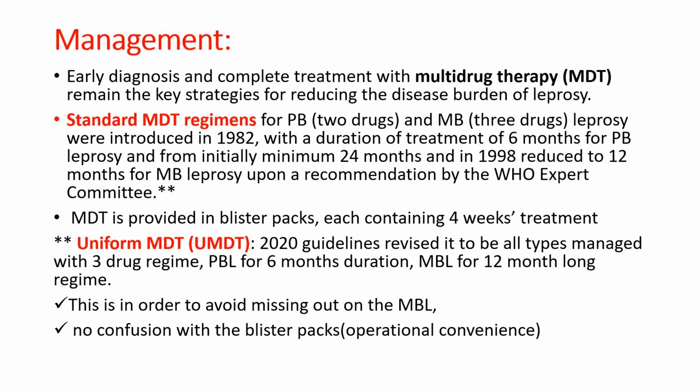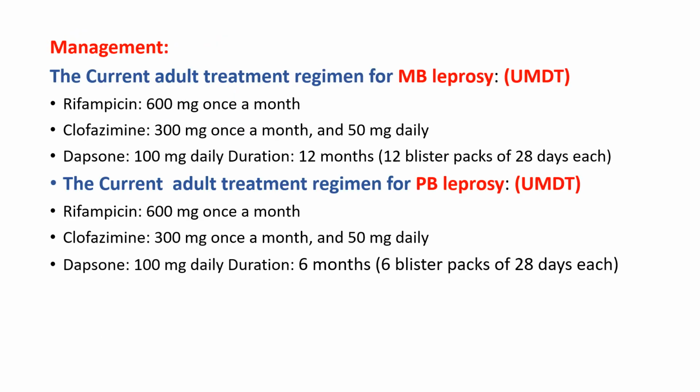Paucibacillary leprosy has a 6-month duration of treatment and multibacillary has a 12-month long regime. All these revisions from the earlier 2 drug and 3 drug to all being 3 drug are in order to avoid missing out on multibacillary leprosy and confusion at the operational grassroots level, causing more convenience.